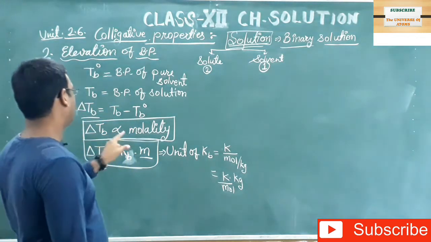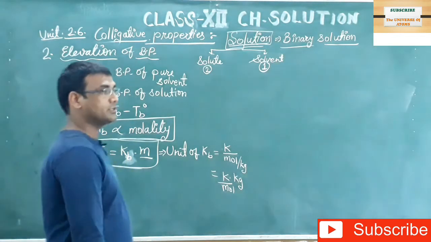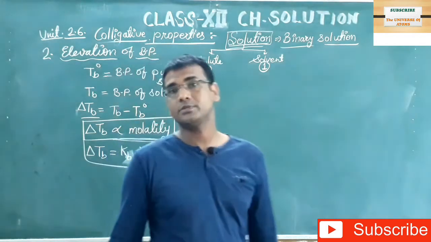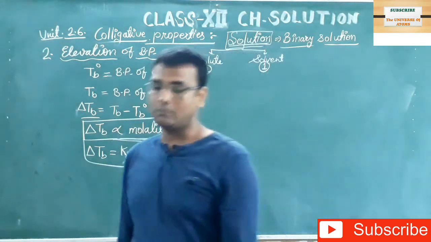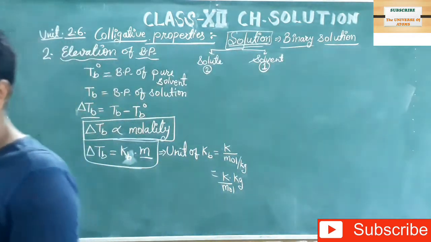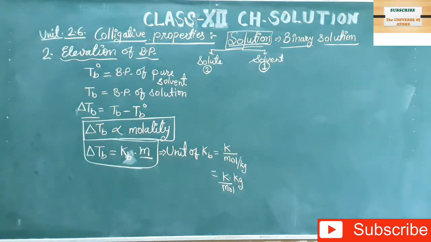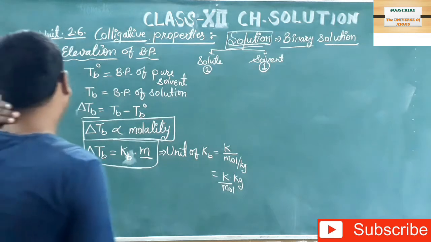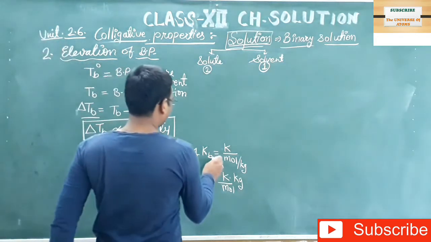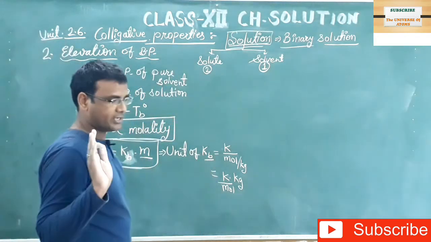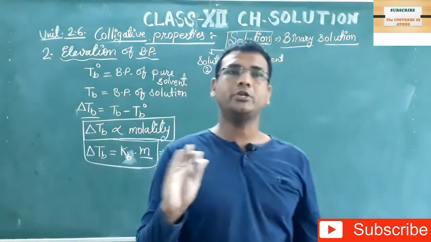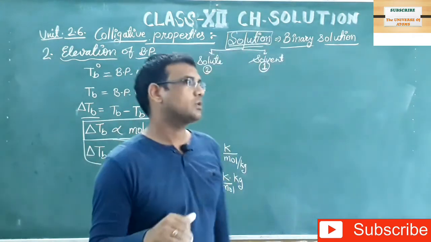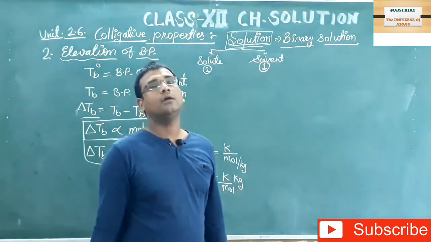What is Kb? A constant. There are three names: ebullioscopic constant, molar elevation constant of boiling point, and boiling point elevation constant. The Kb of different solvents is different. You don't need to remember the values of Kb for the solvents.